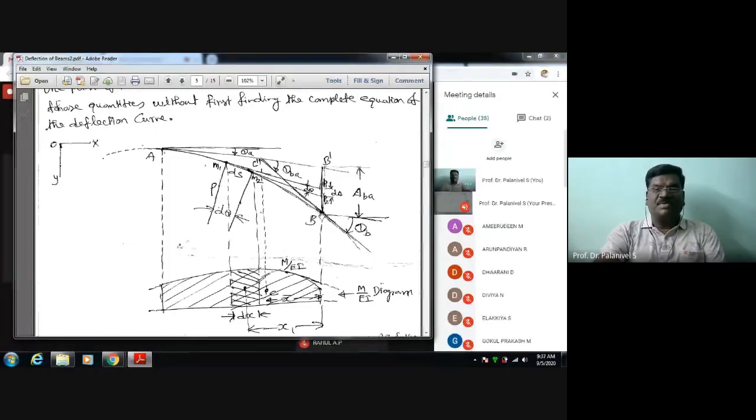The relative angle of rotation between these two tangents is called theta BA. It is the relative angle of rotation of the tangent at B with the tangent at A. This theta BA is nothing but the angle of rotation of point B minus the angle of rotation of point A. The tangent at B makes theta B with the horizontal and the tangent at A makes theta A with the horizontal, so theta B minus theta A is the relative angle of rotation between these two tangents.